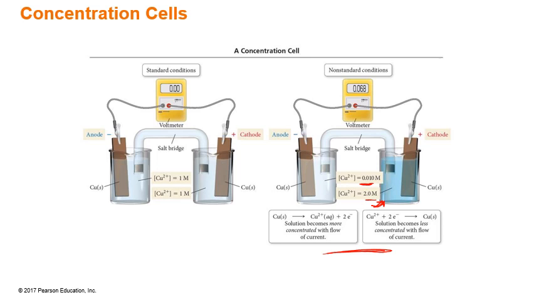And then the other less concentrated cell is going to become more concentrated by allowing more of the Cu2+ to form. And so we do get a difference in voltage when our concentrations are different. And you'll be looking more at this in the electrochemical lab.